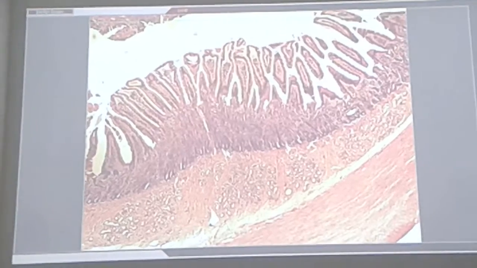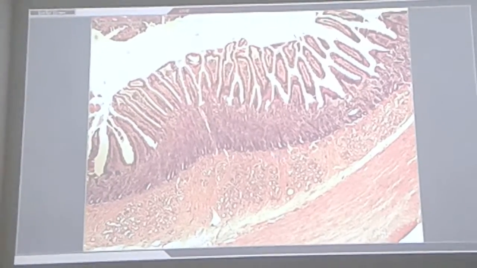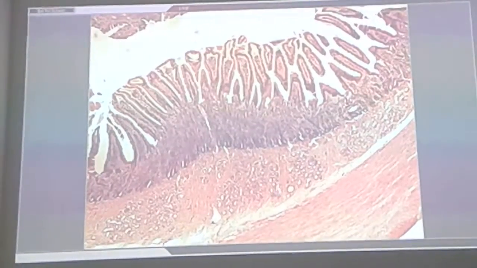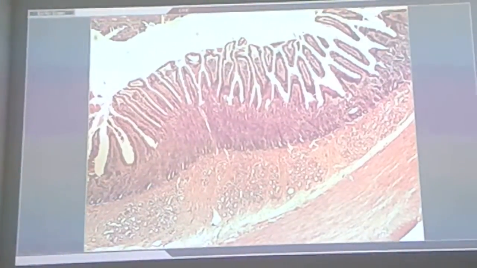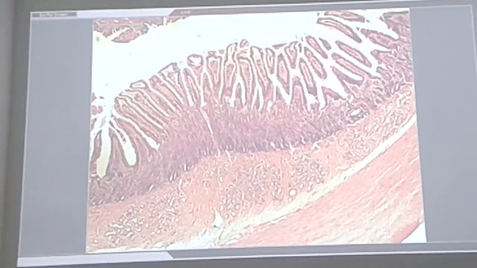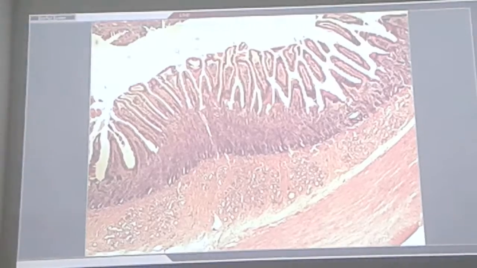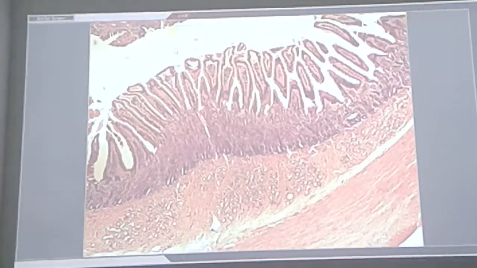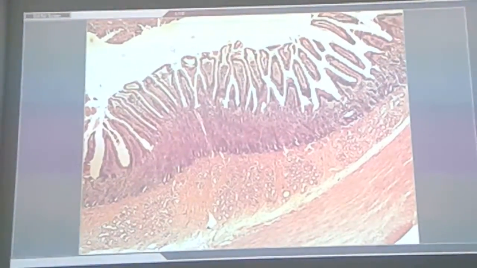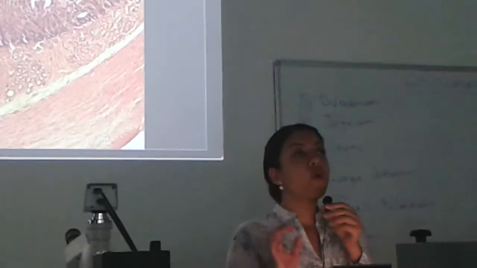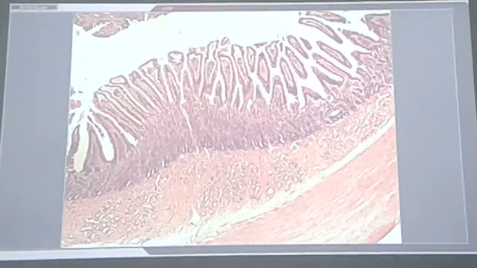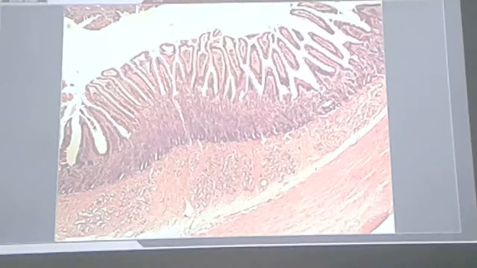Beneath the mucosa there is muscularis mucosa, and this is the submucosa, and these are Brunner's glands and the muscularis externa, the muscle layer. And in the intestine, duodenum, jejunum, and ileum, there are permanent foldings, like this one.